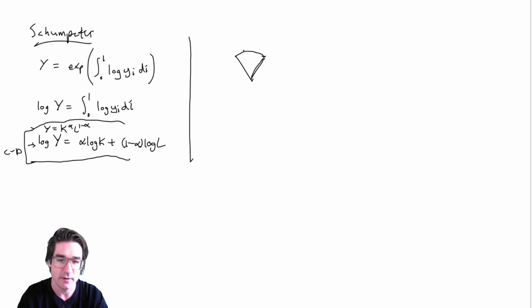So we have these different yi's, and the yi's are produced with labor, and then that labor has a certain productivity. So this qi is the technology of that producer. Those get combined into eventually some final good y.